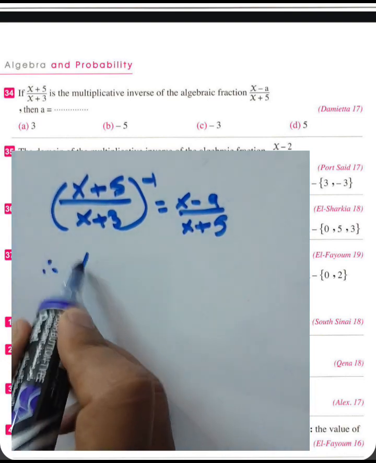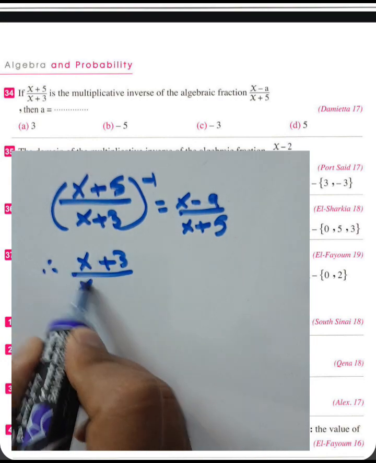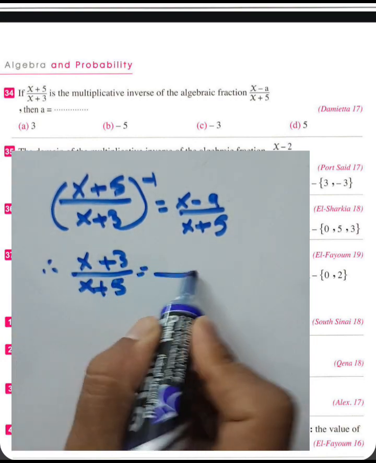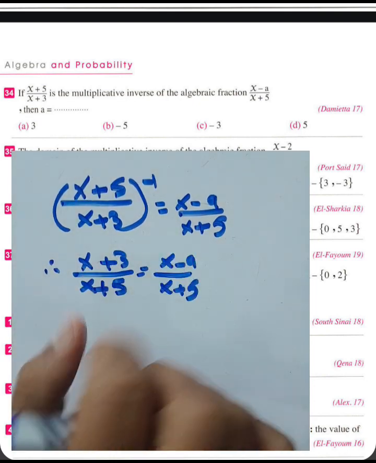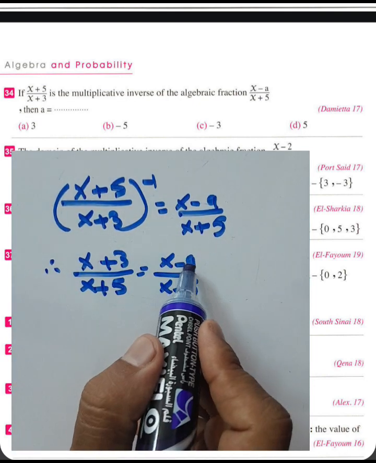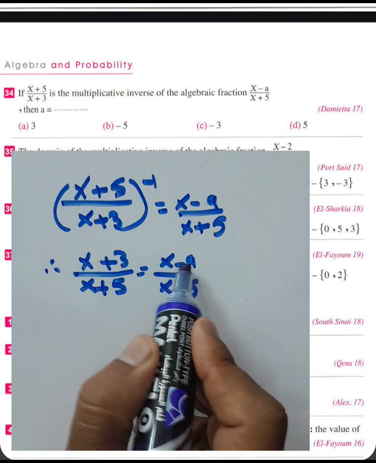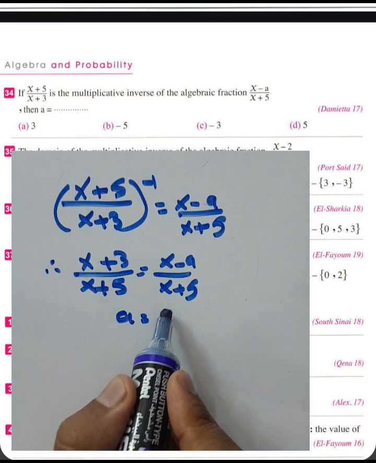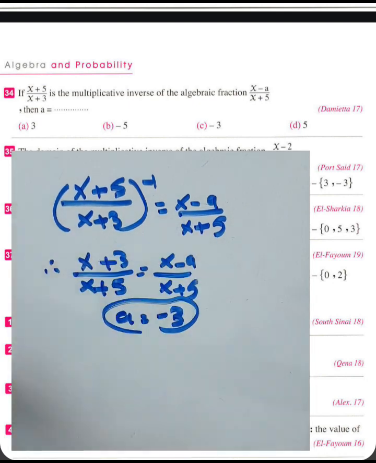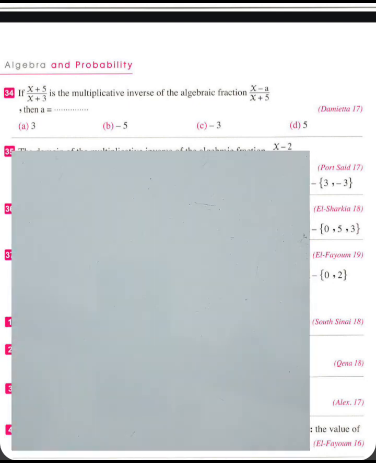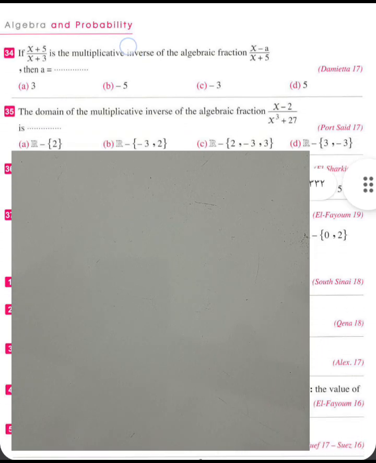It means x plus 3 over x plus 5 will be equivalent to x minus a over x plus 5. Numerator will be equal to numerator. Then the value of a here will be negative 3, because negative times negative equals positive, like this number. And the value of a will be negative 3. Choose letter C for this example. Question 35.